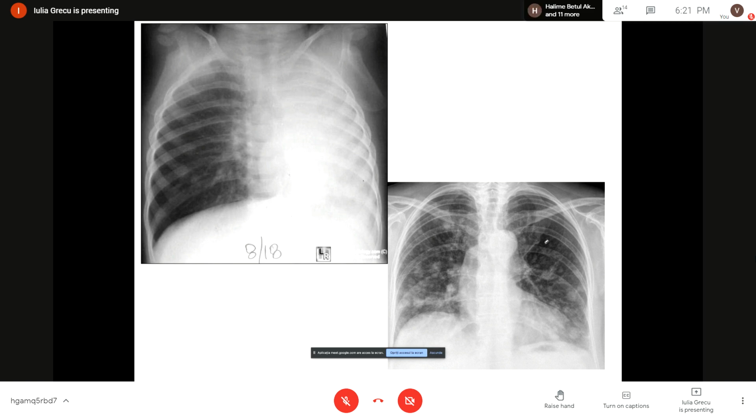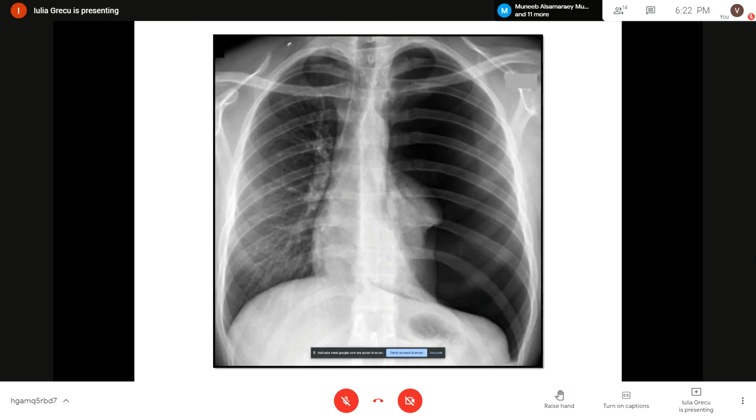Compared with this normal parenchyma, these lesions appear more opaque, more white. So these are opacities, multiple small confluent opacities or one large opacity that covers the entire left hemithorax.